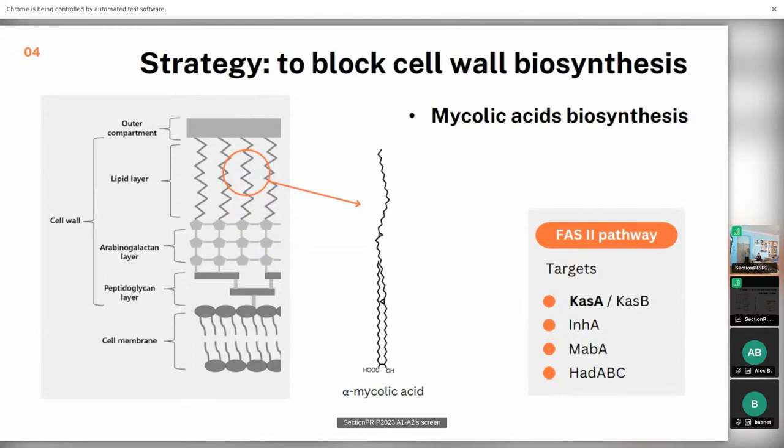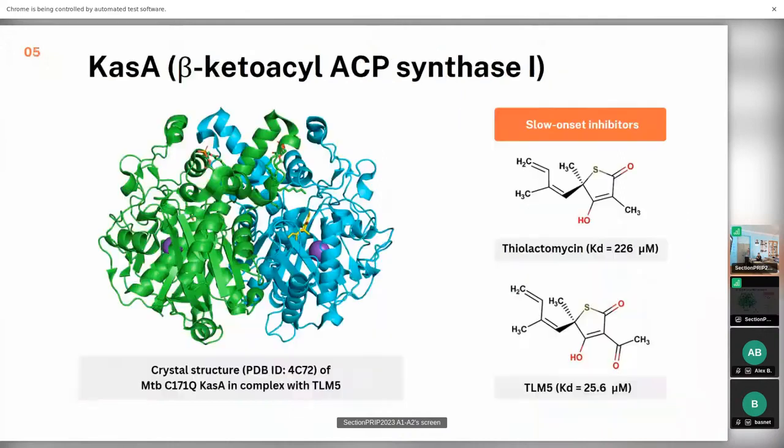Among the promising targets involved in the synthesis of the components that form the cell wall, we chose the KasA protein, beta-ketoacyl-ACP synthase 1, because it meets all the requirements we set previously.